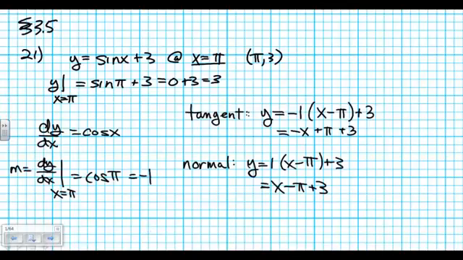23? Okay, in 23, it's another tangent and normal problem. Again, let me model exactly what we want. Got x equals 3. All right.